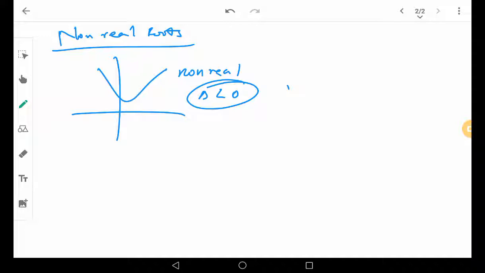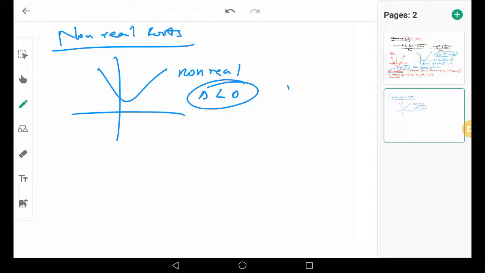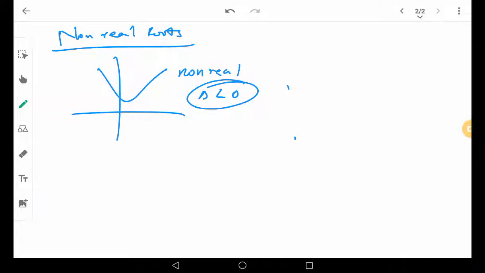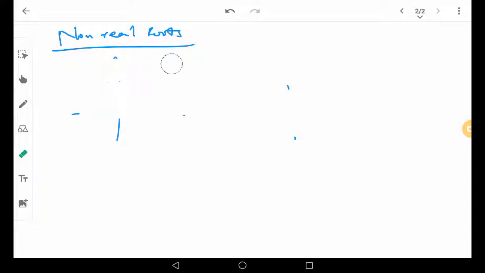So let's say generally the following graph. Let me write down the following graph as a function.